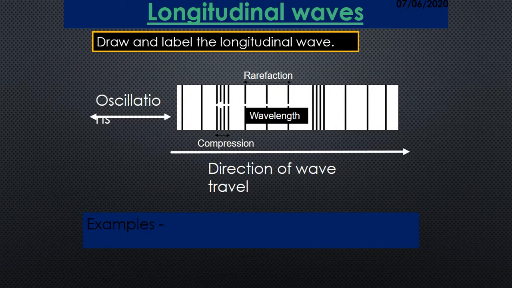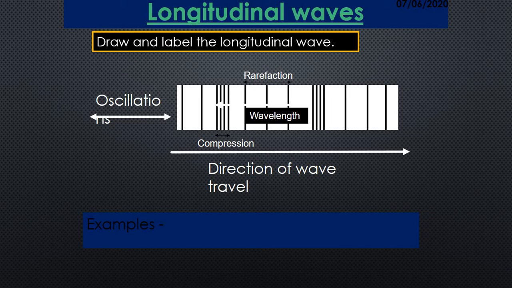So a longitudinal wave. Again, I'd like you to draw and label this. Obviously a bit different, but the way we draw it is through a series of lines. It's really important that those lines are shown as I've shown them on the picture, because we have two parts to the wave.